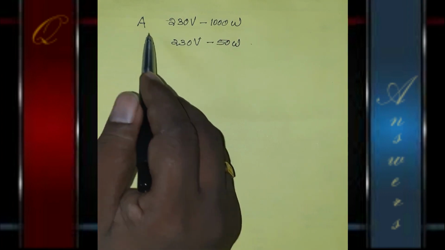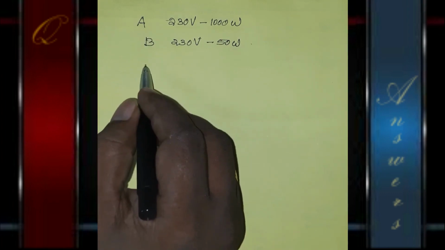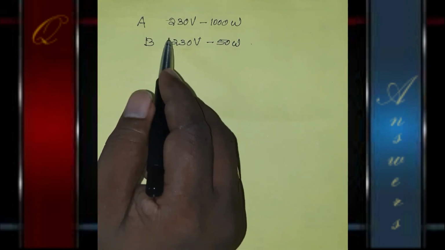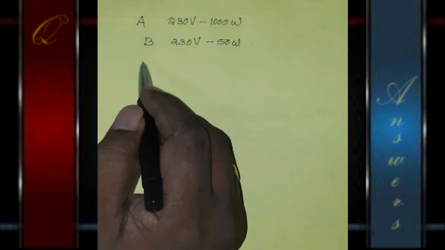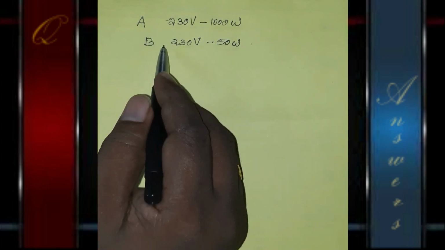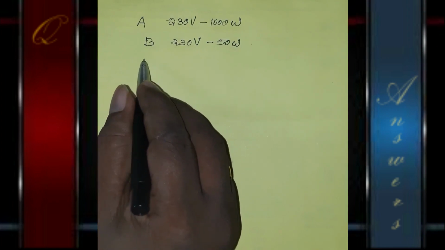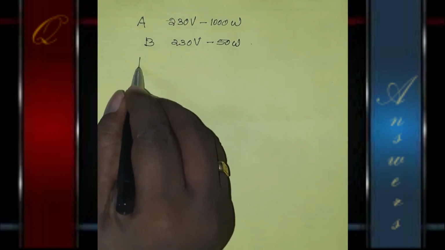Suppose these two devices are connected in series. You compare the energy consumption of these two devices. When connected in series, the current passing through the two devices will be the same.